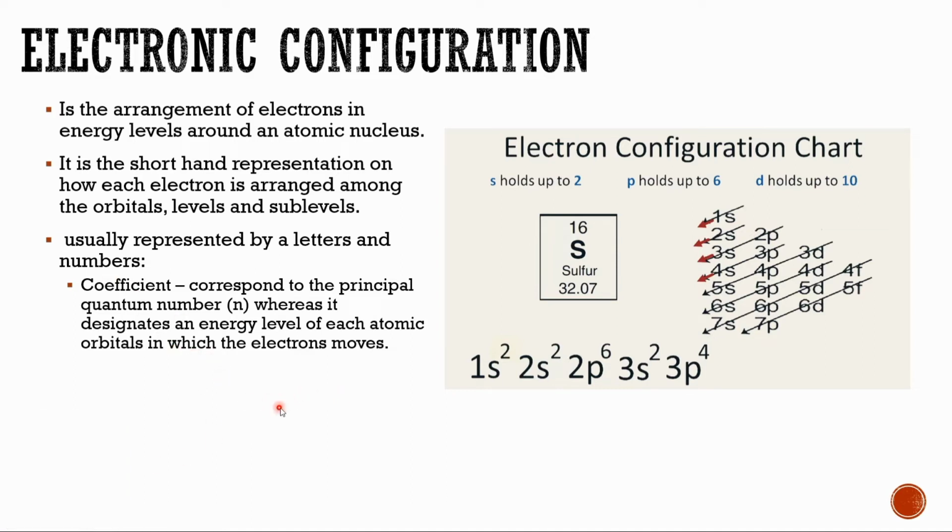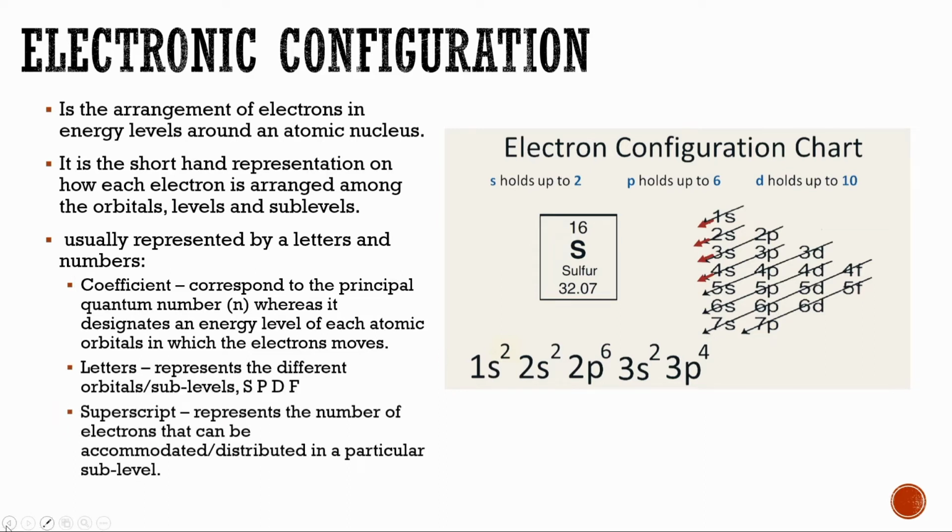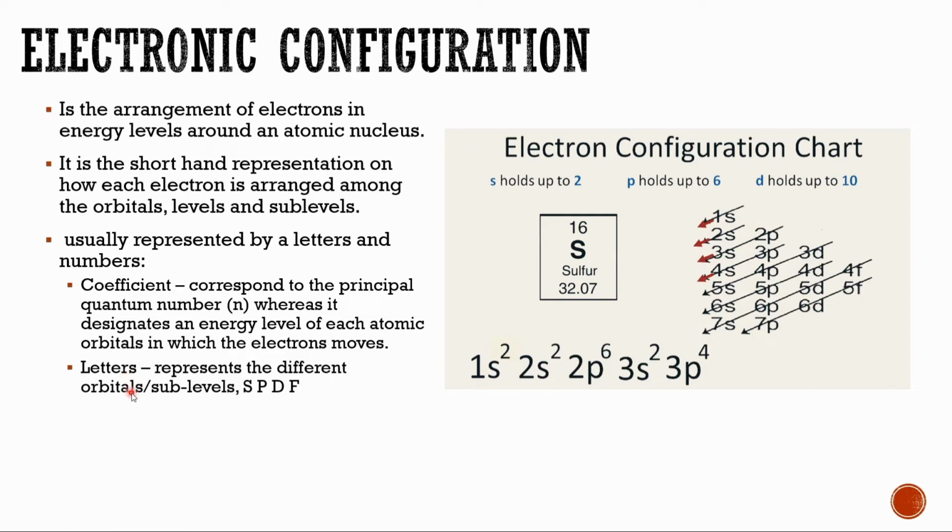Next, we have letters. Okay, letters, it represents the different orbitals or subshell, which are S, P, D, and F. S stands for sharp, P stands for principal, and then D stands for diffuse, and F stands for fundamental.